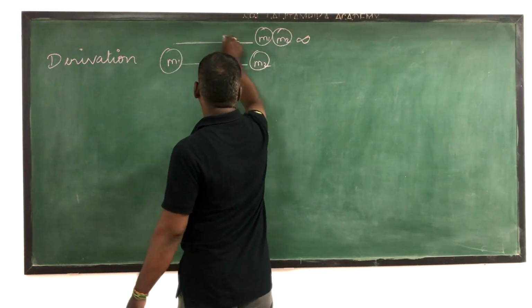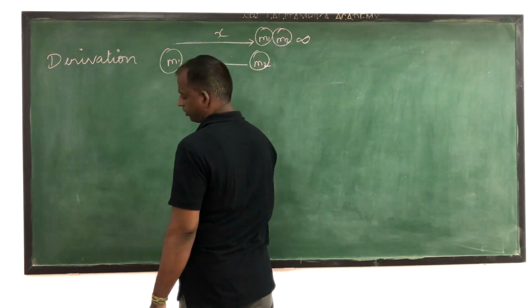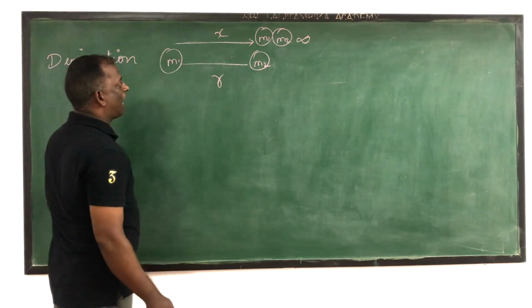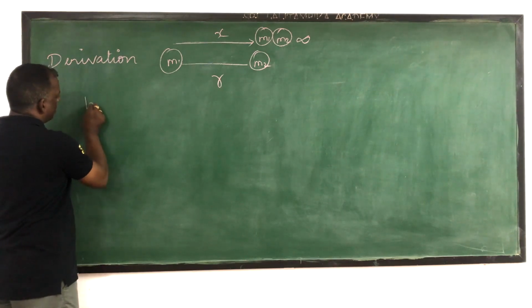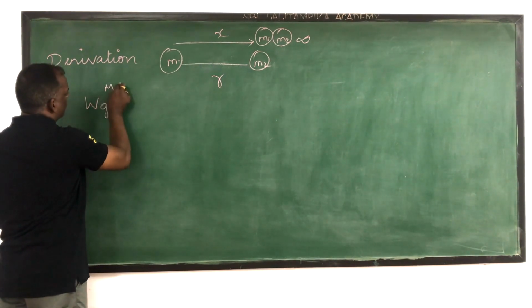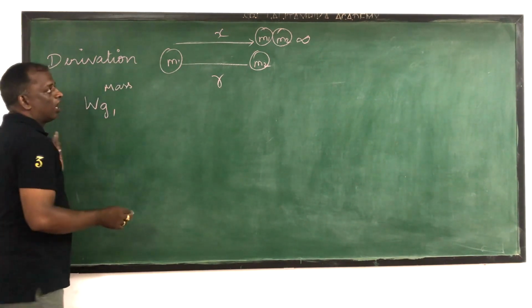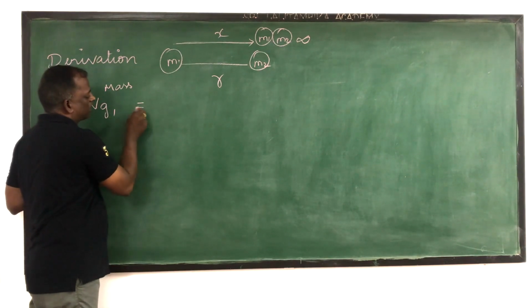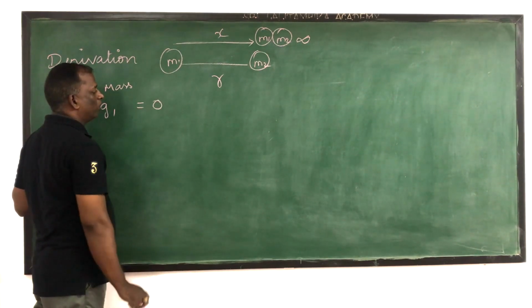So in the distance it is x. So what is the work done by the gravitational force in bringing the mass 1? This is for mass 1. அப்ப ஒரே ஒரு mass மட்டும் தான் இருக்கும். The potential energy will be 0.